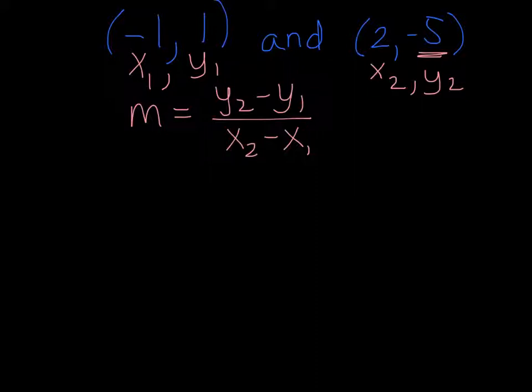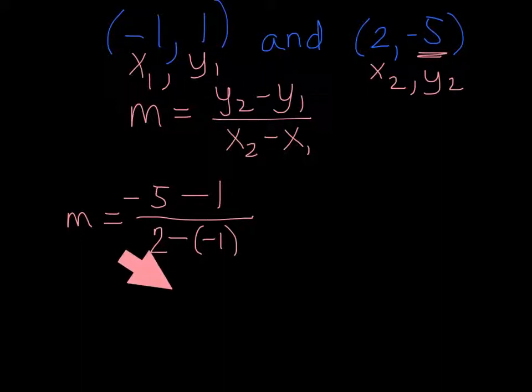I'm just going to plug in. So negative 5 minus 1, which tells me the difference of my vertical distance, over x2, which is 2, minus negative 1. Now this is the most common mistake that I see.